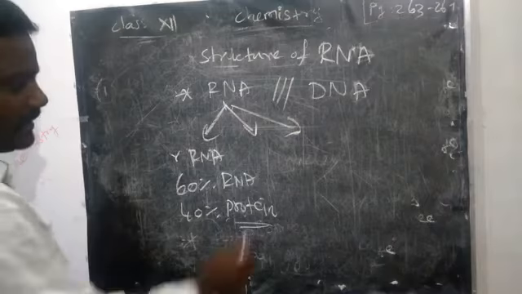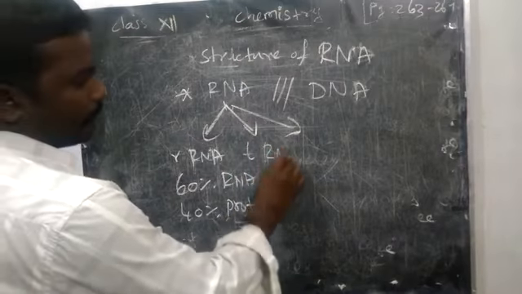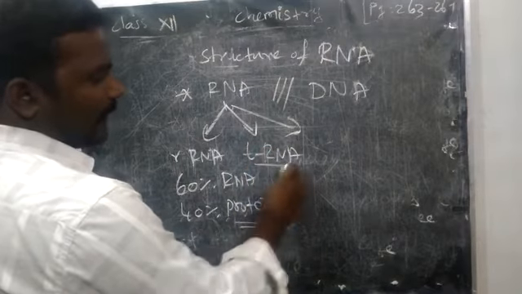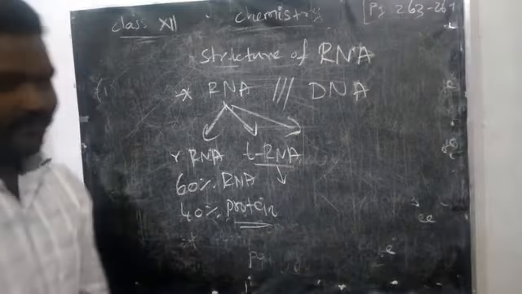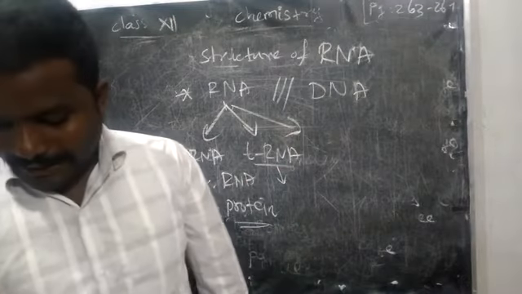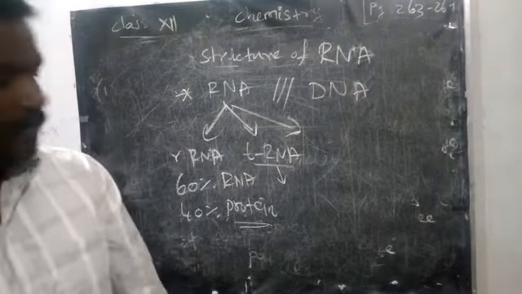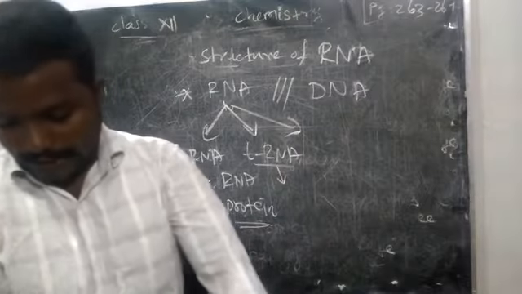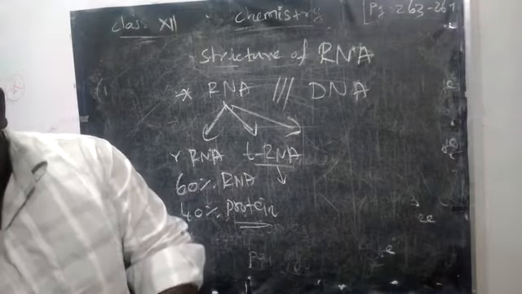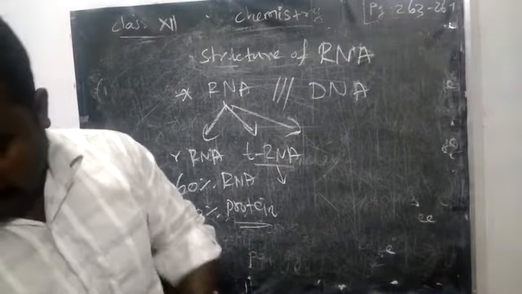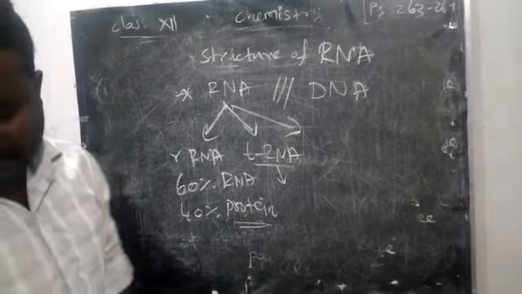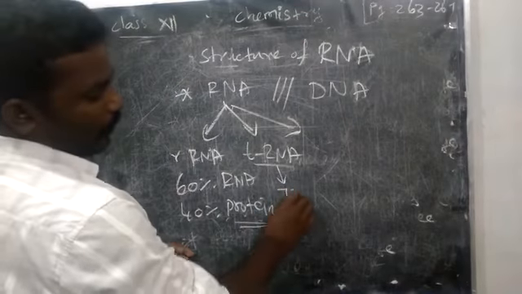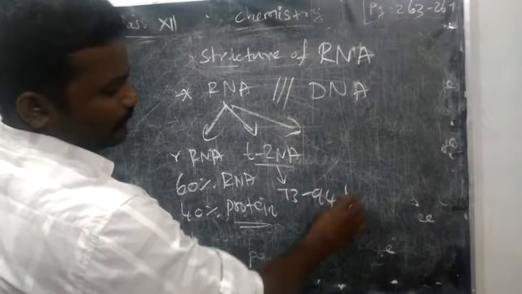Next, ribosomal RNA. The next one is tRNA. See, what do you mean by tRNA? Which is used for the transfer of certain things, okay? Transfer RNA, right? See, this transfer RNA has 73 to 94 nucleotides.